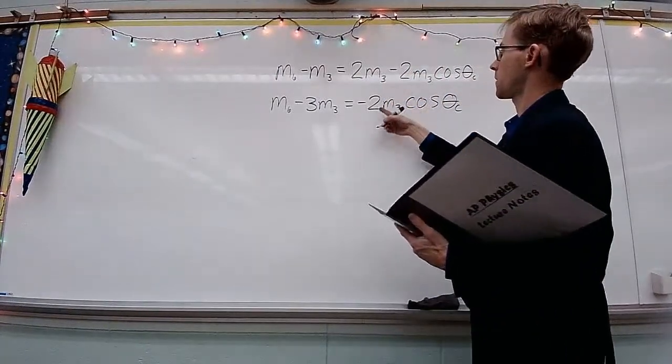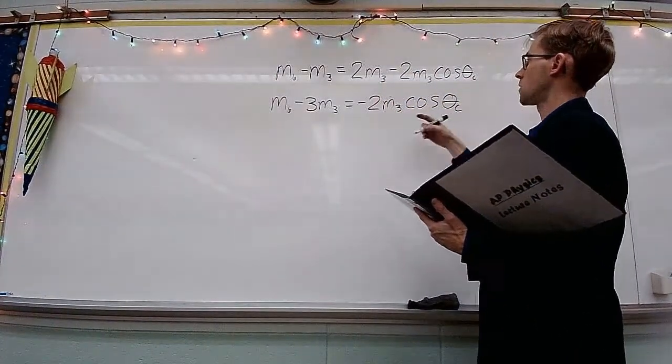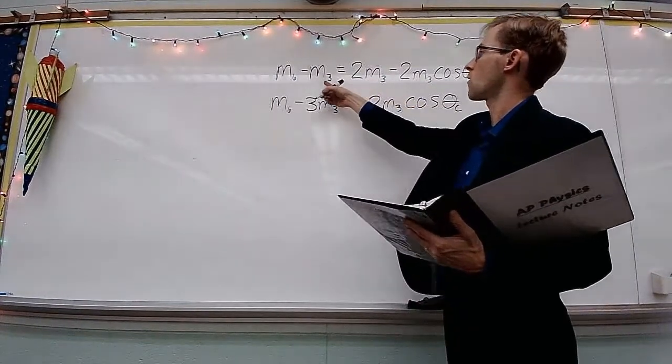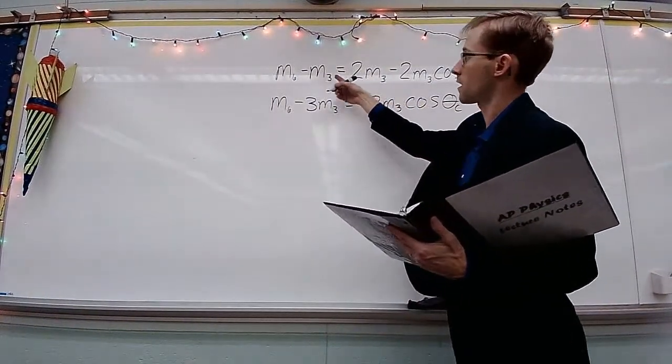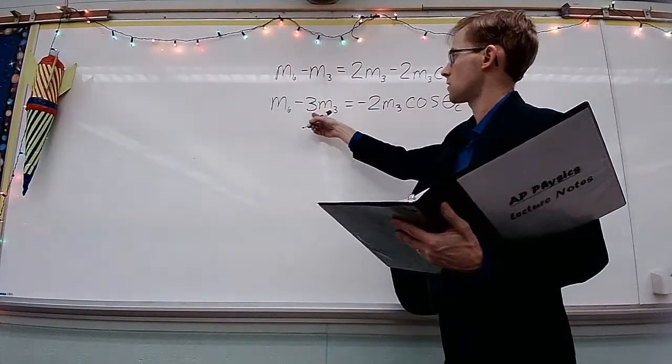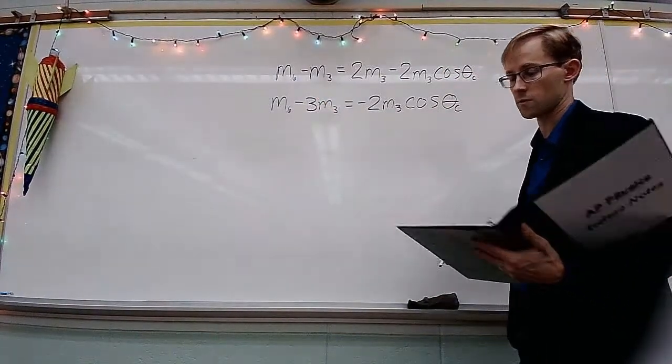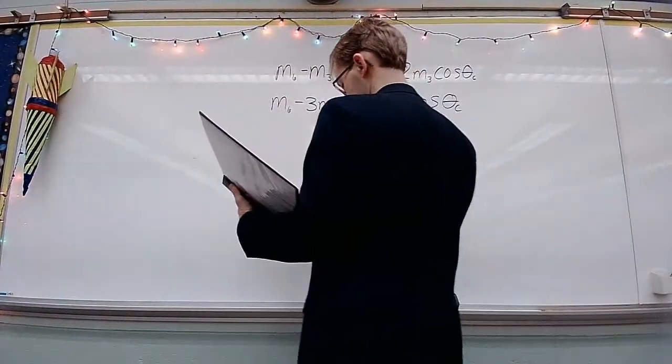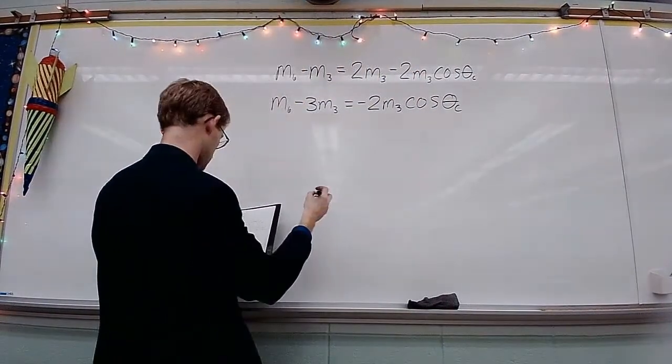When I'm going from here to here, what I'm doing is I'm moving this 2m3 over there, which makes it negative. And so then negative 1m3 minus 2m3 is equal to negative 3m3. That's where that comes from. Now we're getting so close.